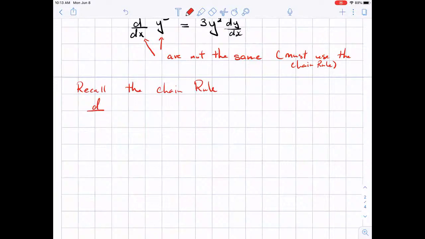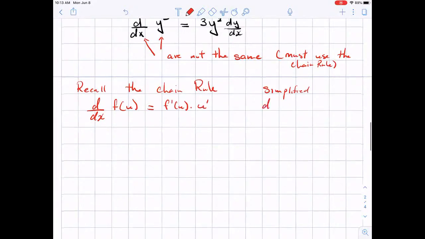It tells us that d dx of a function f of some variable u will be f prime of u times u prime. The simplified way is that d dx of u to the n is n u to the n minus 1 times u prime.